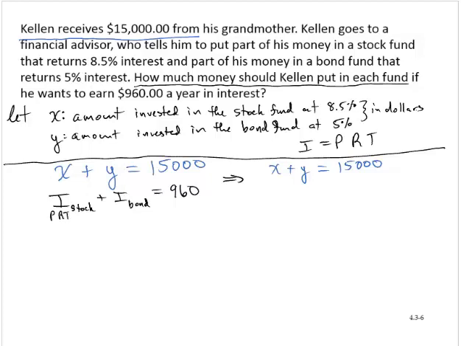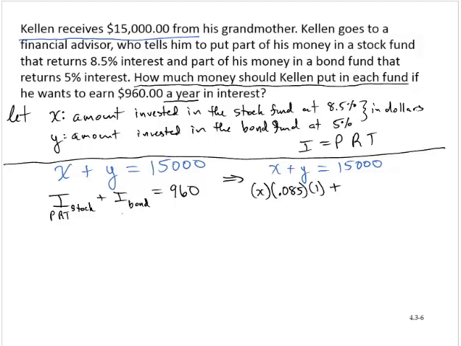Okay, so now the stock. The principal is the amount of money invested, so that would be x. The rate for the stock is 8.5%, so that's 0.085. And the time, well, he wants to earn $960 a year. So that's 1 year.